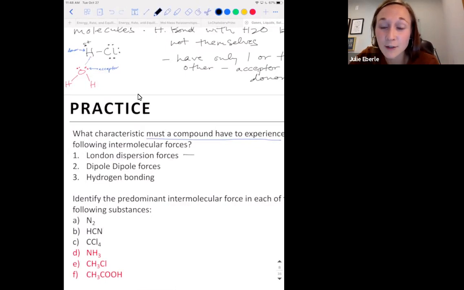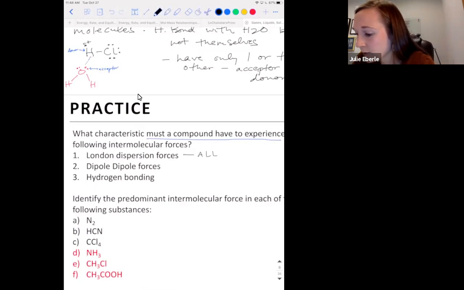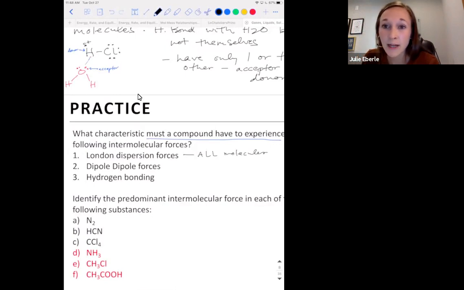Any molecule has London dispersion. So I'm just going to say all molecules have them. They are made up of a momentary, temporary dipole, and they're the strongest force for nonpolar molecules.